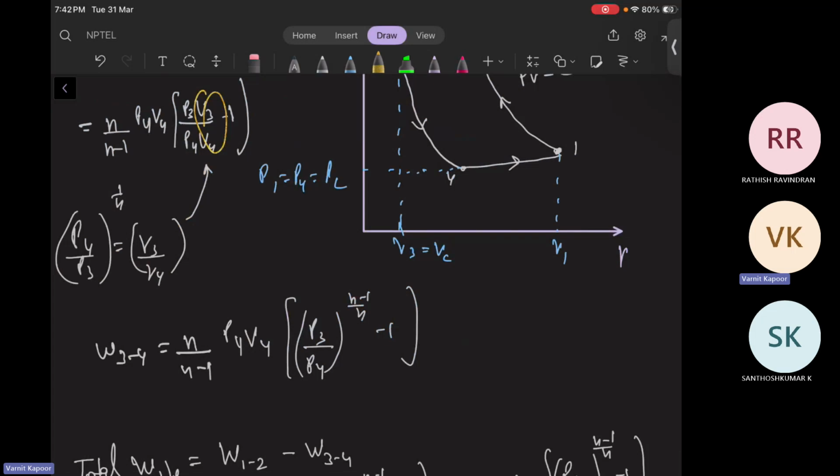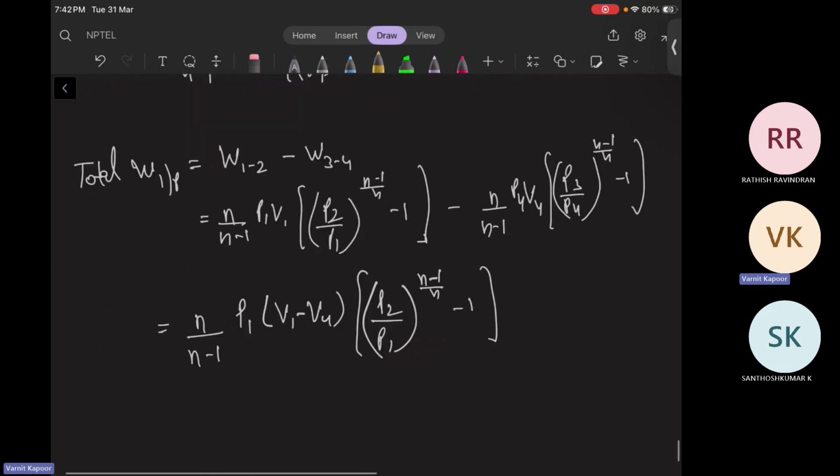So from V1 to V4, this was the actual volume that was swept because V3 was your clearance volume. So this is nothing but your V actual.